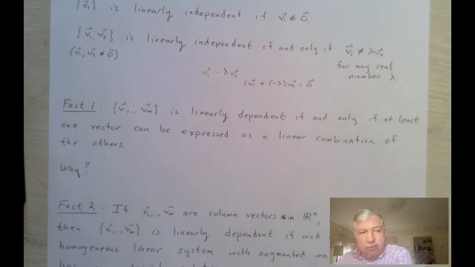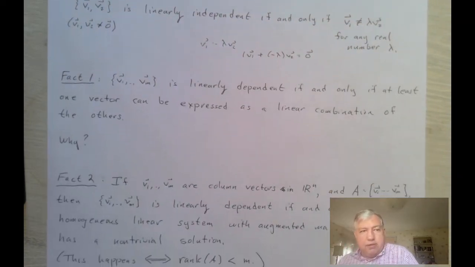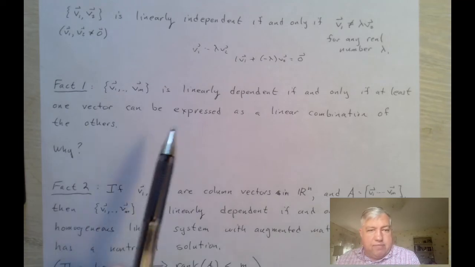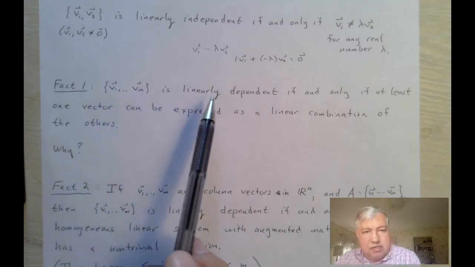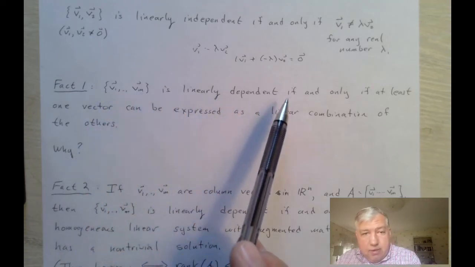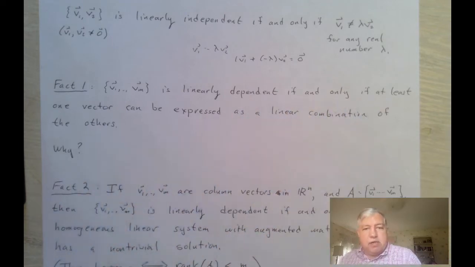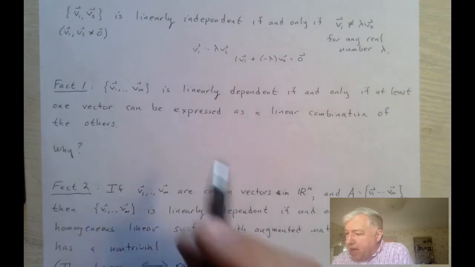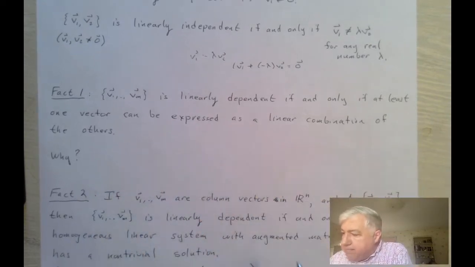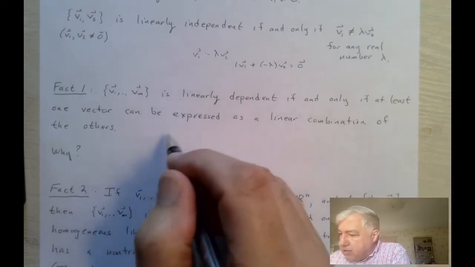Another important fact is that a set of vectors is linearly dependent if and only if at least one vector can be expressed as a linear combination of the others. As soon as that happens, we get linear dependence, and the reason for that is as follows.